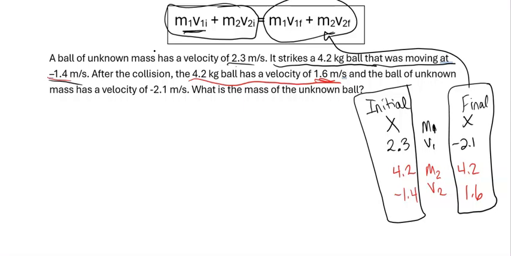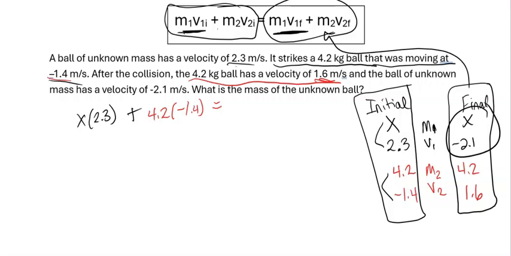So it says we need to take mass 1 times the velocity 1 for the initial. So x times 2.3 plus mass 2 times velocity 2 for the initial. That's going to be those two. So 4.2 times negative 1.4. And that is going to be equal to mass 1 times velocity 1 of the final.